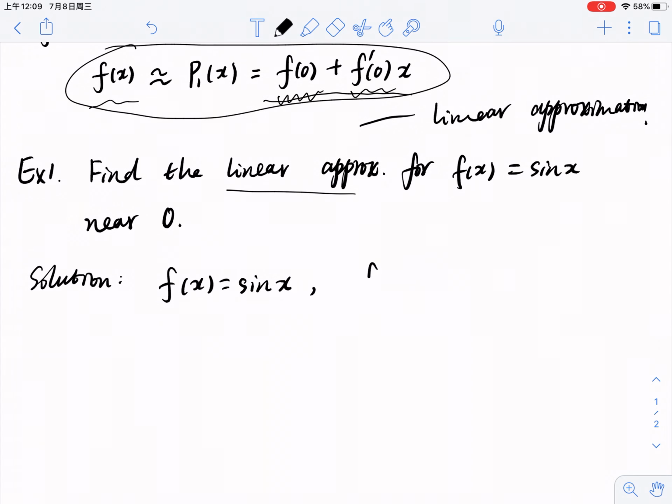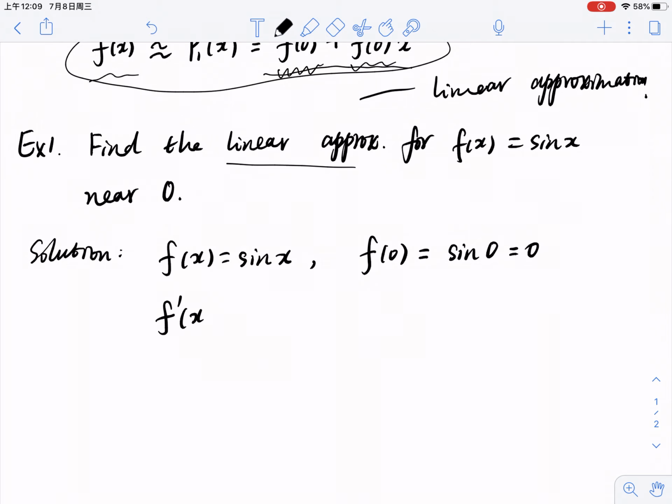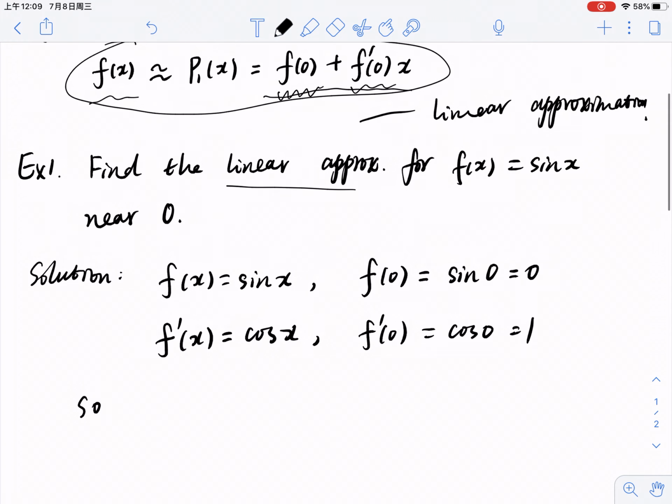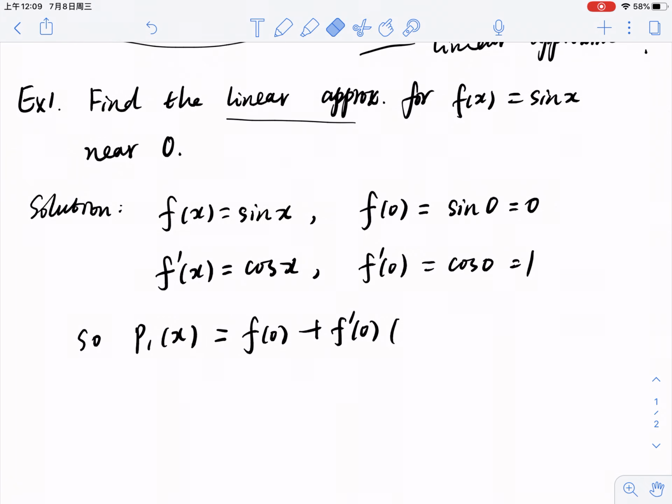f(x) is sin x, f(0) is sin 0, this is 0. f'(x) is cosine x. f'(0) is cosine 0, this is 1. So by the formula, p1(x) is f(0) plus f'(0) times x.